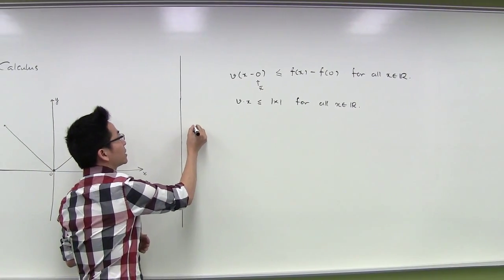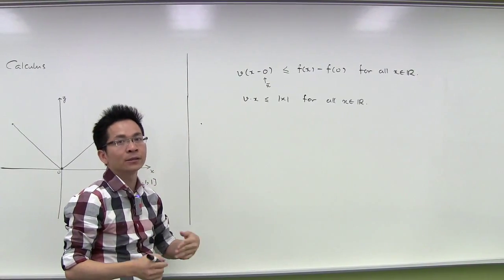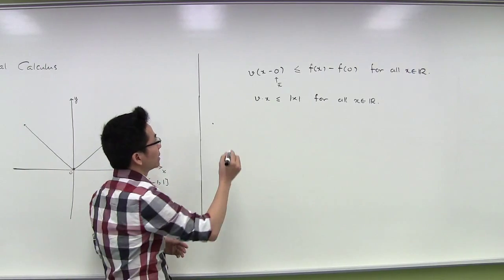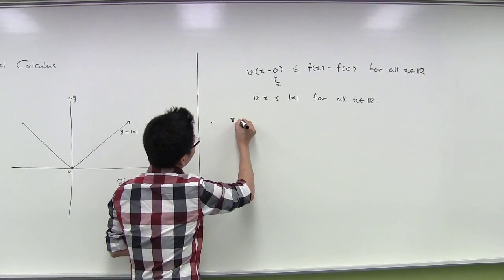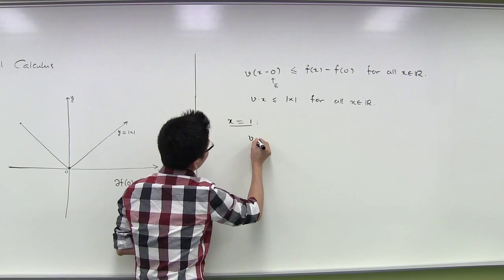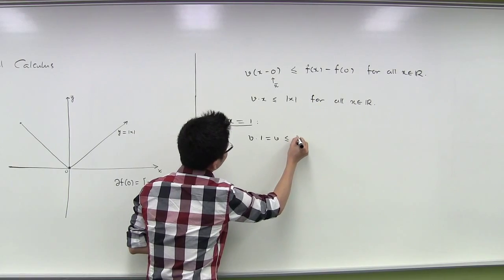Now, because this is true for all x in R, it's true for x equals, for example, plus or minus 1. Because this is true for x equals 1, we have v times 1, which is v, is less than or equal to 1.